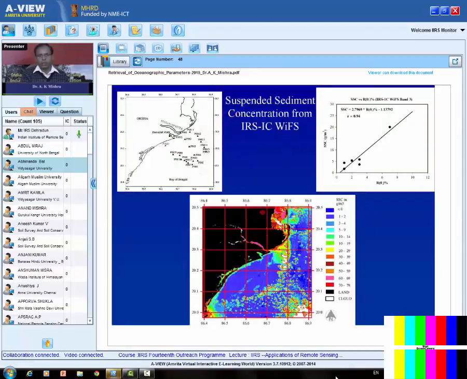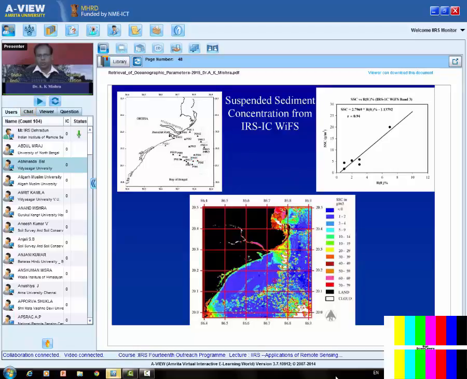So this is the suspended sediment concentration retrieved using IRS-1 SeaWiFS data. This is the east coast of India, that is Paradip port is here, and the Mahanadi river is pouring a lot of suspended sediment into the coast. So it is visible here. We carried out a sea truth campaign, taking the opportunity of synchronous satellite paths, and we collected many points.